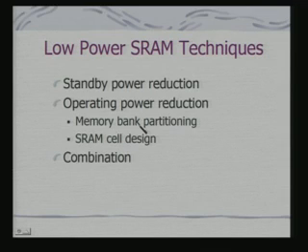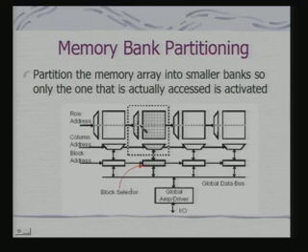In terms of the basic architectural parameter, this memory bank partitioning gives us a pretty optimal strategy. What it says is that if we go back to the basic architecture, you partition the memory into smaller banks, so that only the one that is actually accessed is activated. So, the consumption takes place only with respect to this bank.